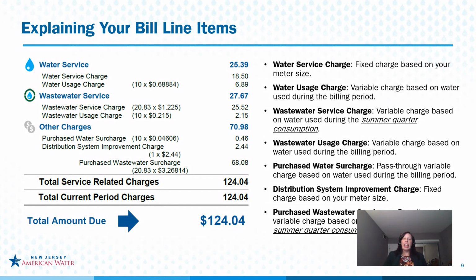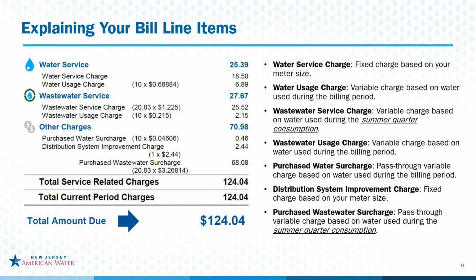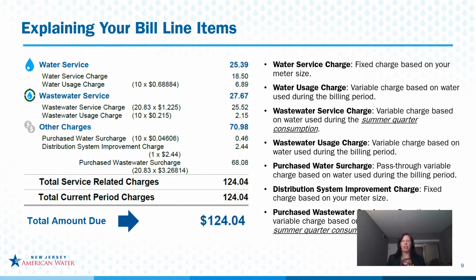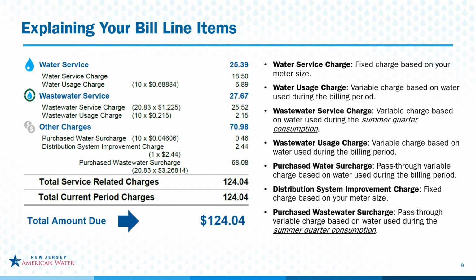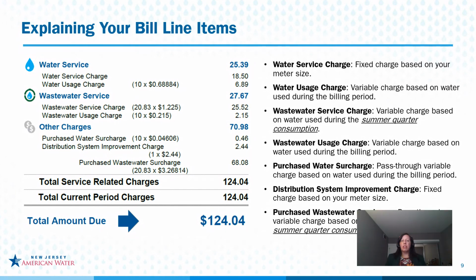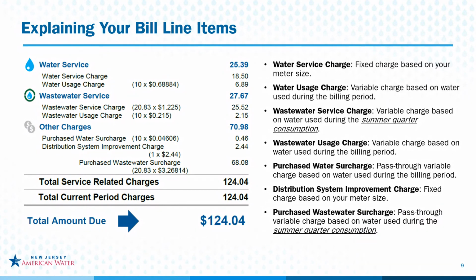At New Jersey American, 95% of the company's costs are fixed, but only 34% of our revenues are recovered through a fixed charge. So that means the cost recovery for the remaining 68% are billed through variable revenues and heavily relies on the customer usage.